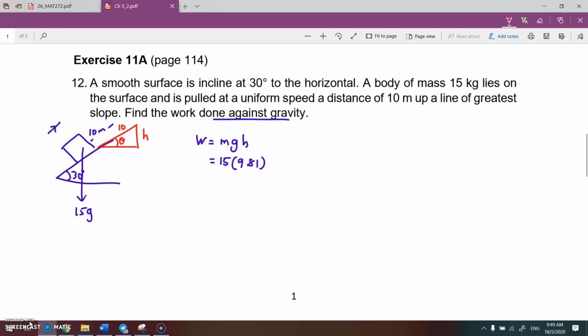Theta is 30 degrees. We can use sine, theta is opposite over hypotenuse.